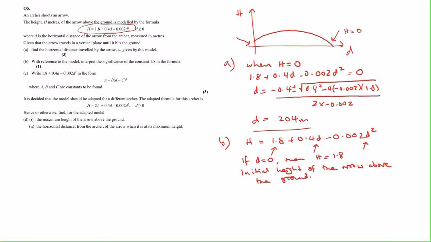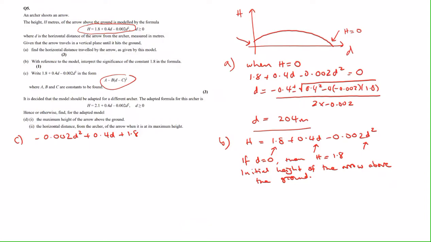Alright, and part C then says write this in this form. So what you should be thinking about is this form looks a bit like completing the square. So that's basically what they're asking you to do, can you complete the square? It might help you to rewrite it in this order, because that's how we're used to seeing quadratics.